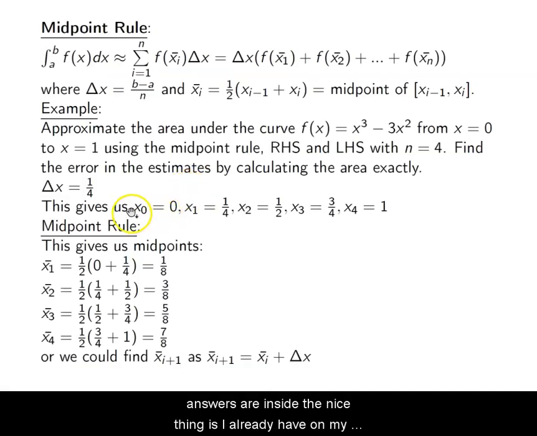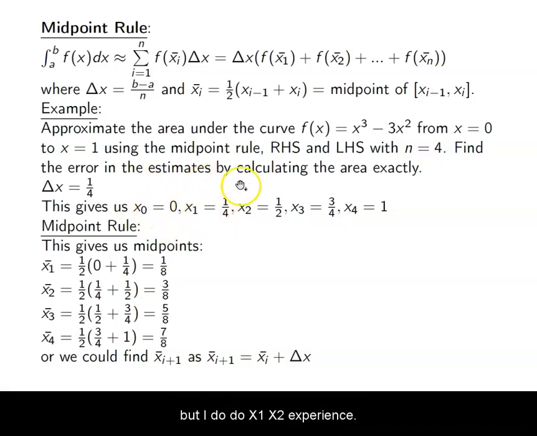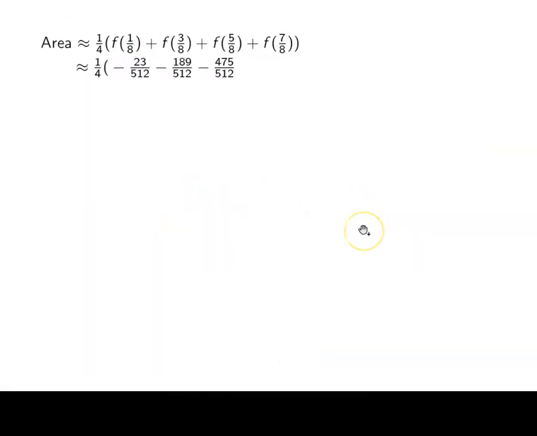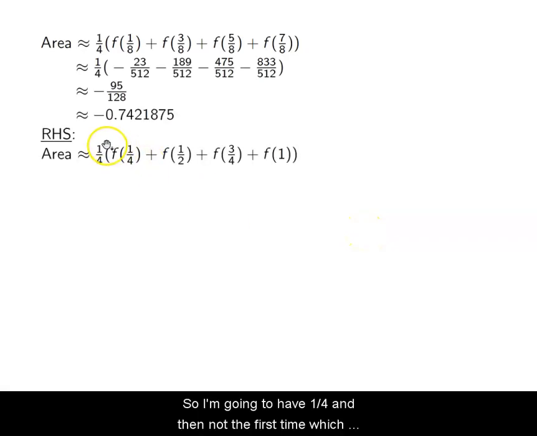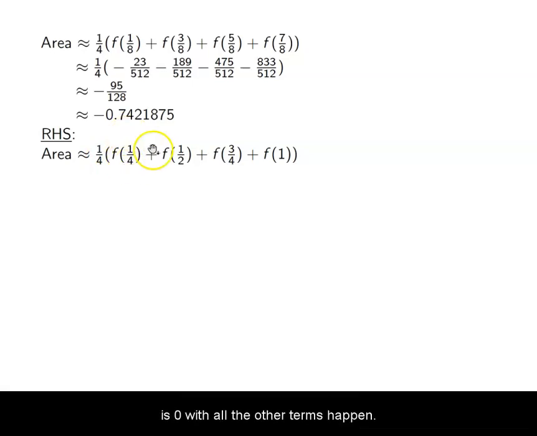The nice thing is I already have all my x values. So right-hand side means I don't evaluate x naught, but I do x1, x2, x3, and x4. So right-hand side, I'm going to have 1/4, and then not the first term, which is 0, but all the other terms after it, up until the last one. So this will be 1/4. I plug in 1/4 into my cubic that I have.